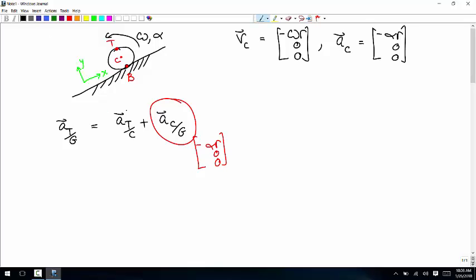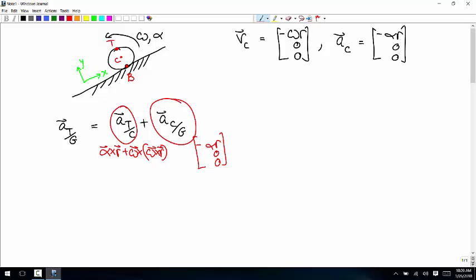And then this one is a circular motion thing. So here you have to use alpha cross r plus omega cross omega cross r. So it's not like you're ignoring the centripetal acceleration here. We showed in that whole derivation that there is no centripetal acceleration for the center.